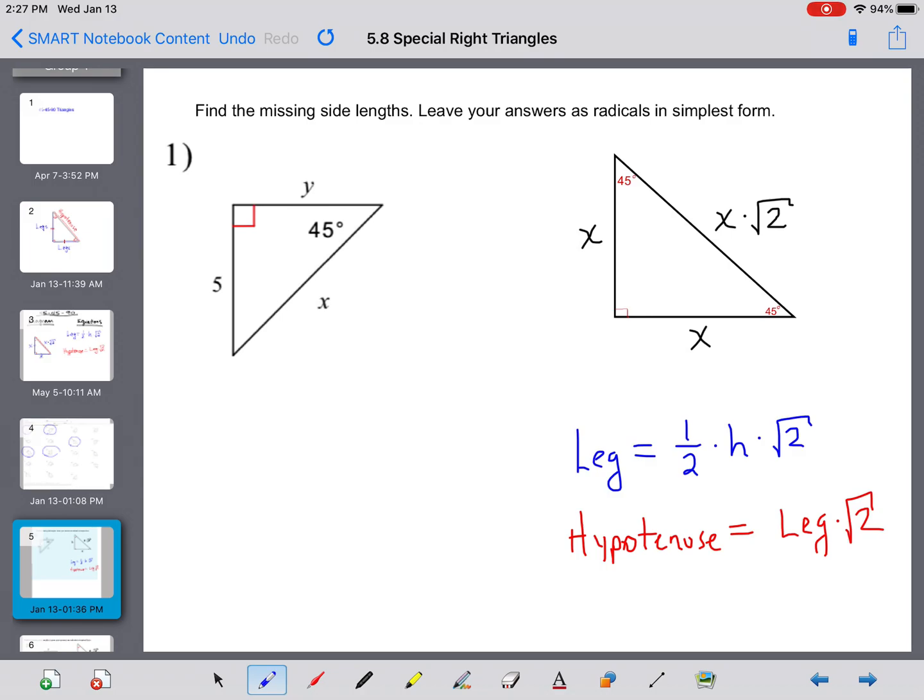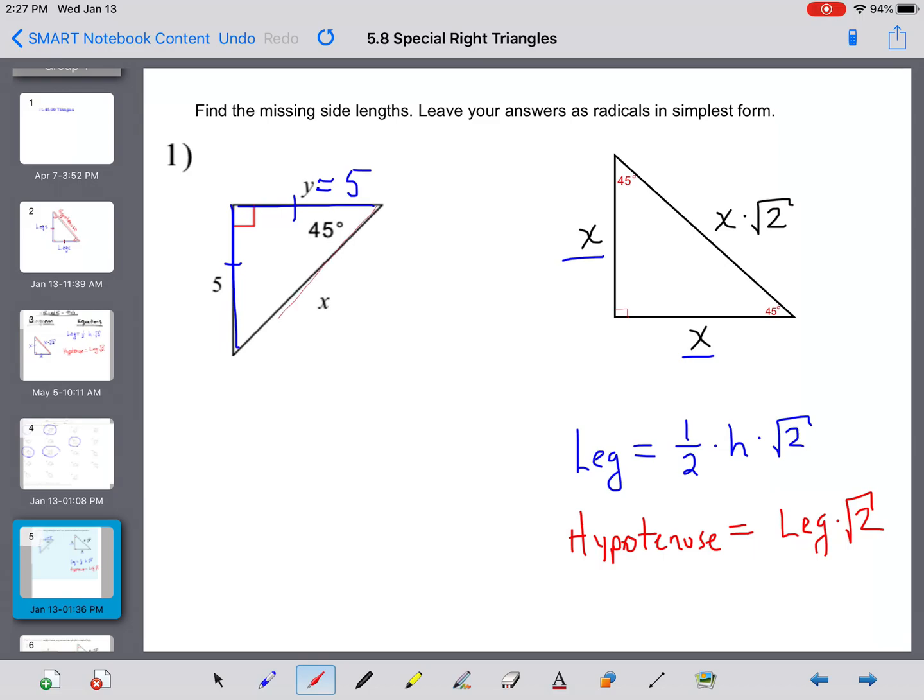In number 1, the 5 we're given represents the length of a leg. In a 45, 45, 90, we know that the legs are the exact same number. So that means y is going to be 5. We call this an isosceles right triangle: two sides are the same.